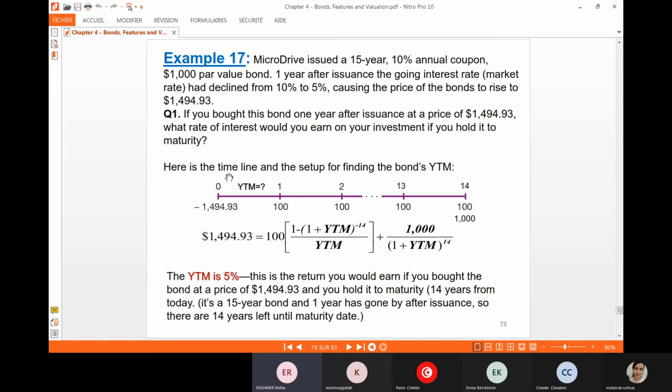The maturity date is 14 years from now, because the bond maturity is 15 years but you bought it 1 year after its issuance. So the number of years remaining until maturity is 14 years.